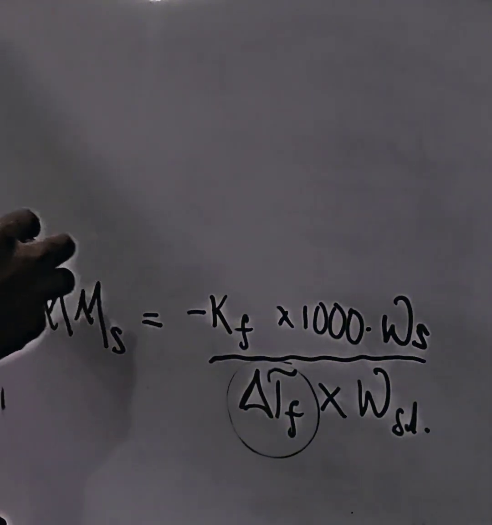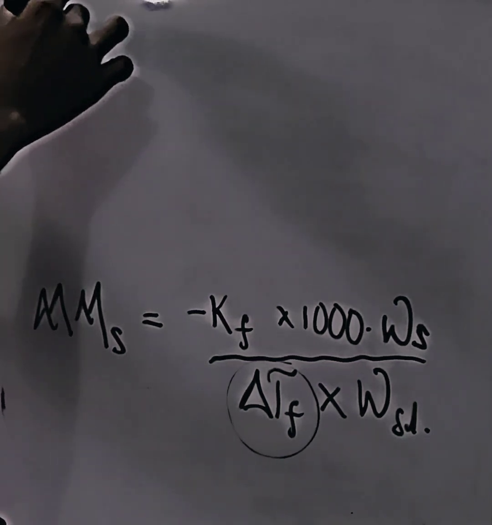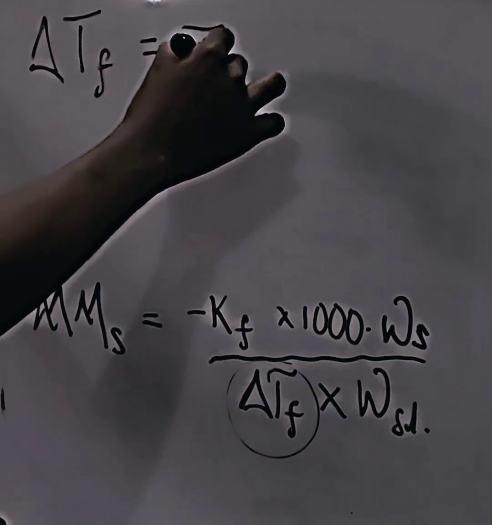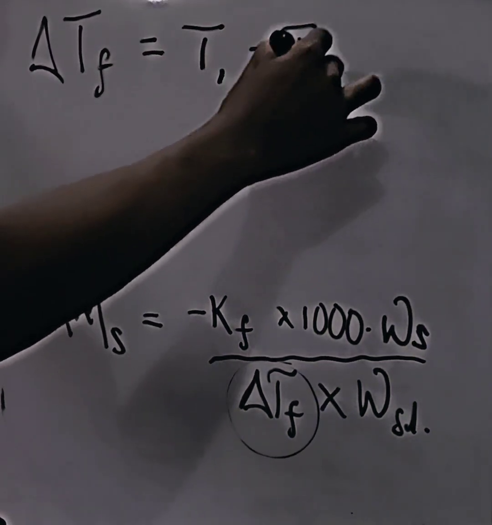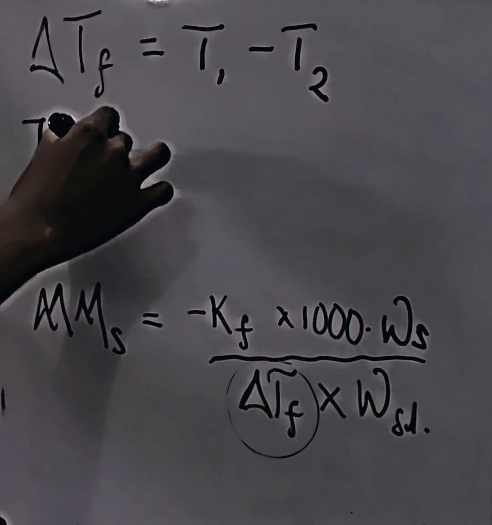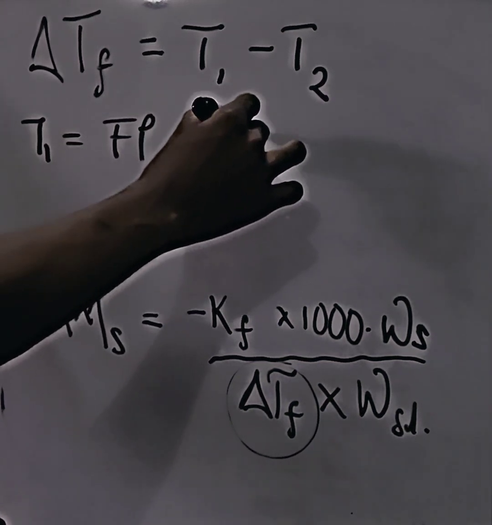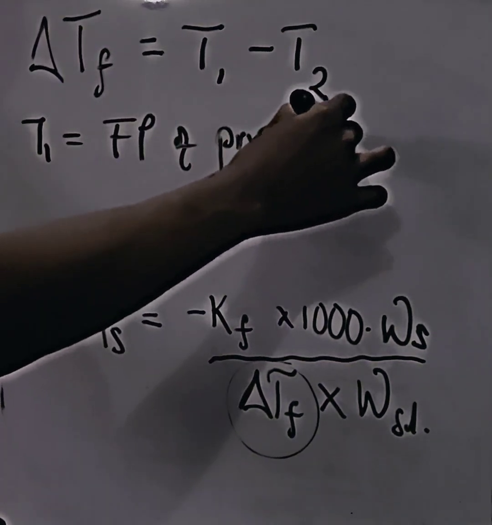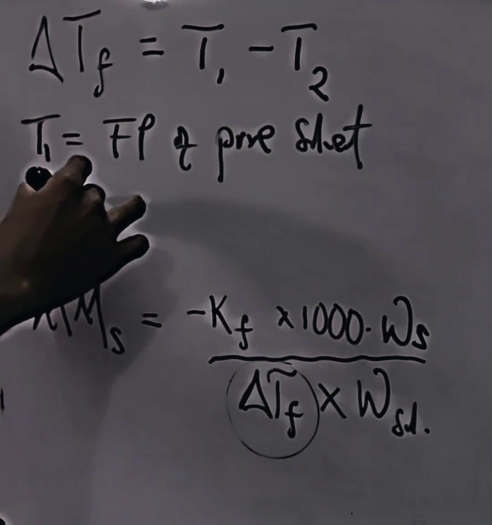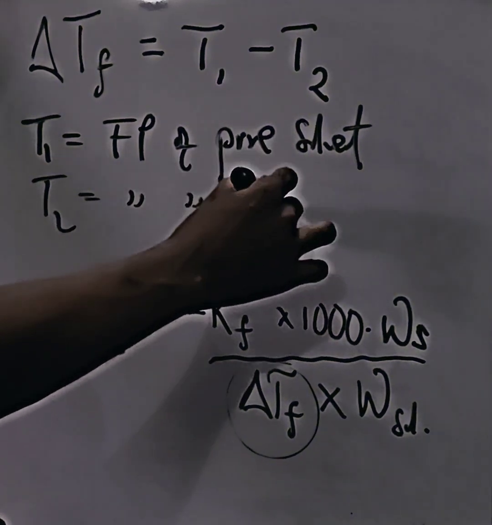Now let's define the freezing point depression and then show you how you can get that in your experiment. Your freezing point depression, which is change in Tf, is equal to T1 minus T2, where T1 equals freezing point of pure solvent and T2 equals freezing point of solution.